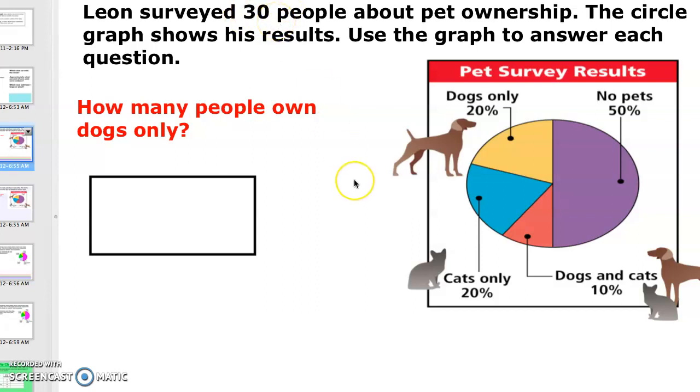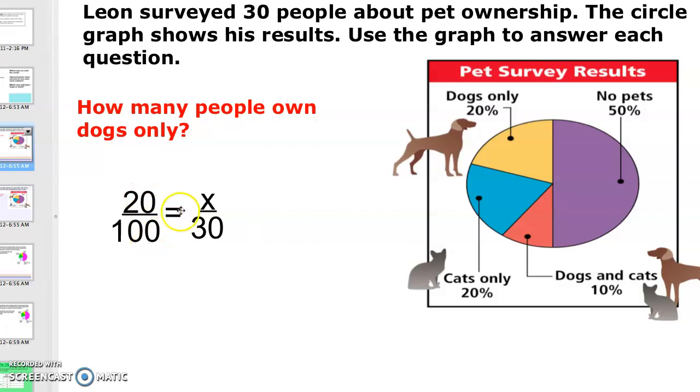So I would create a proportion. Remember, this is 20%, and percentages are out of 100, so I would write 20 over 100. That's going to be equal to some number out of 30.